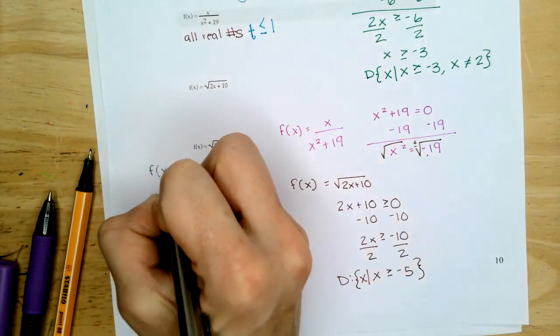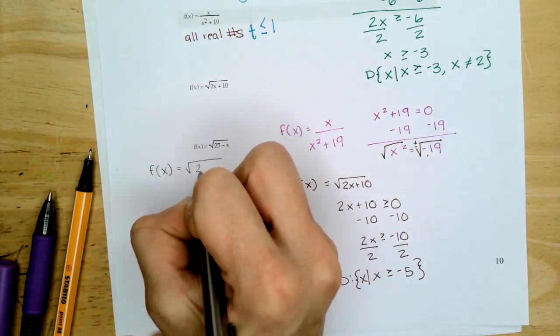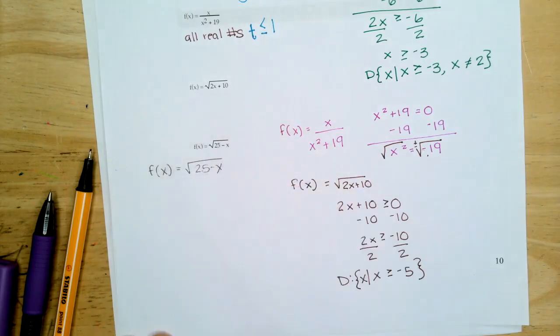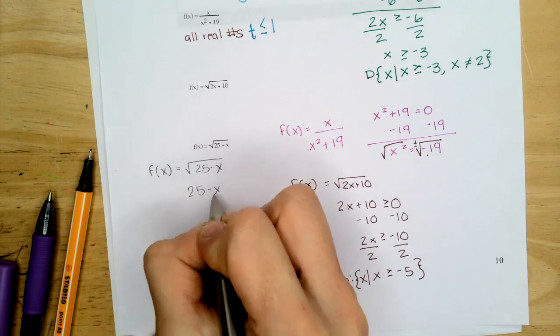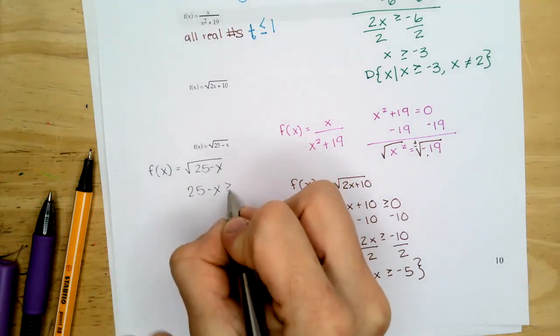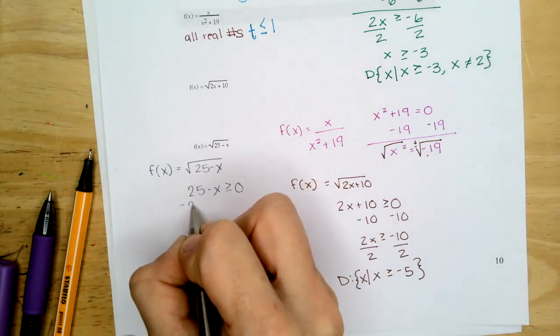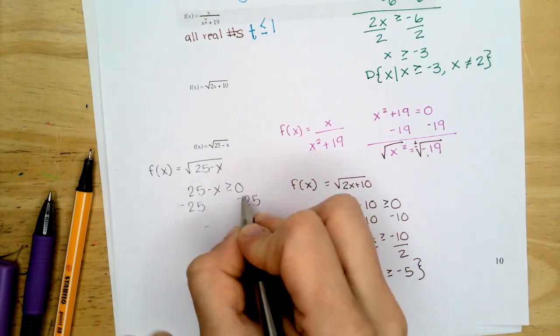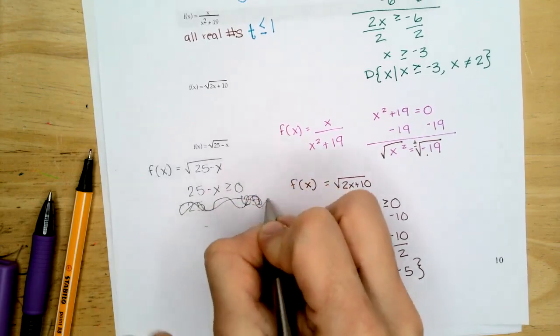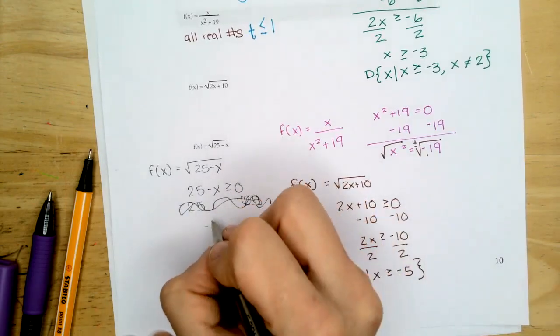And then here we have f of x is equal to the square root of 25 minus x. Good. We don't want that to become a negative number, so that is greater than or equal to 0. Ooh, you know what would be easier than subtracting 25? Let's add x.